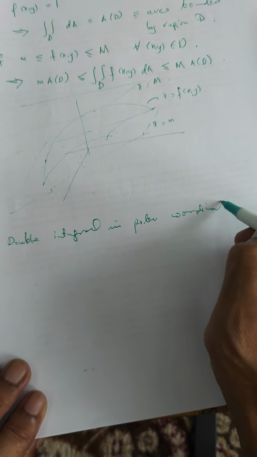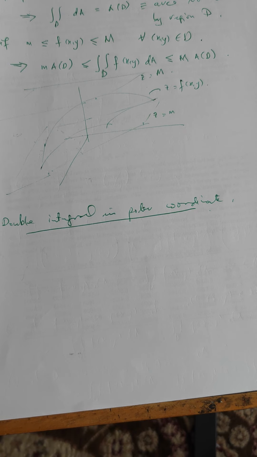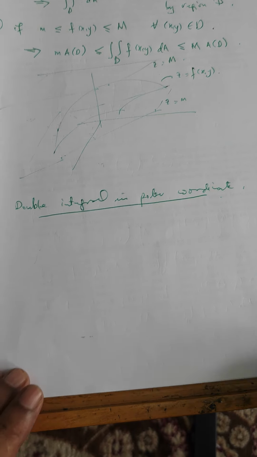The general properties, or the principle of how to work with polar coordinates, is exactly the same as what I discussed at the beginning, where we split the small interval into n equidistant sub-intervals of the given region D or R. But in this case I just want to introduce what a polar coordinate is.